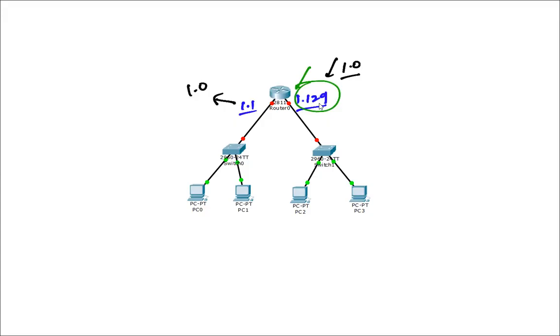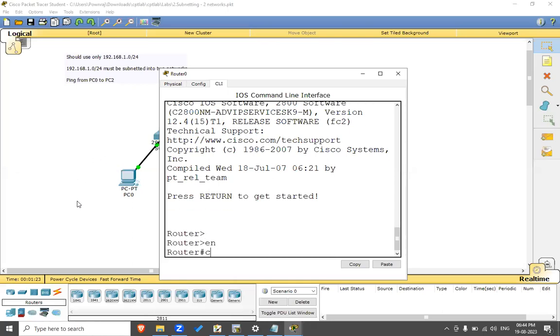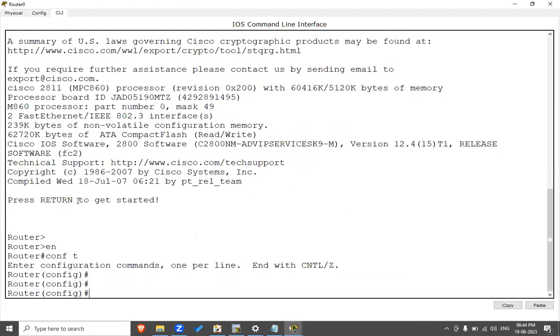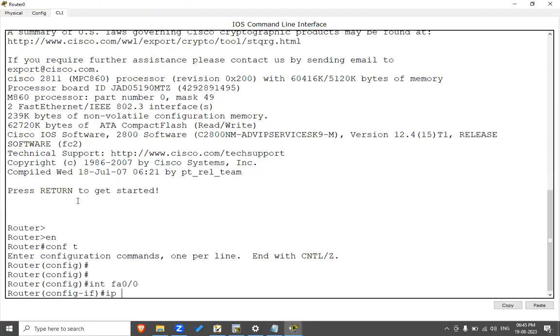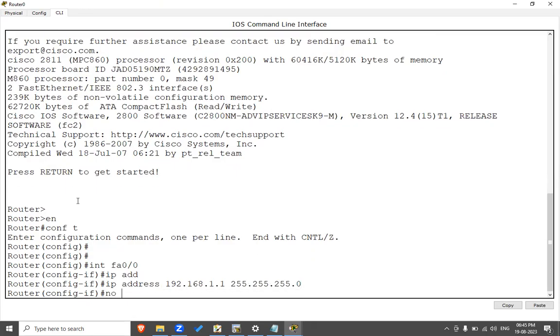I'll show you that one more time, the error we got in the last class. Enable, configure terminal, interface FA 0/0, ip address 192.168.1.1 255.255.255.0, then no shutdown.